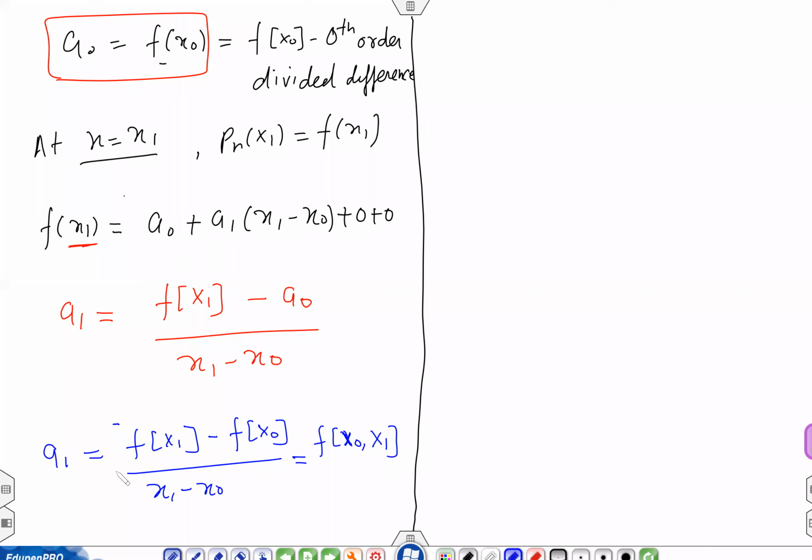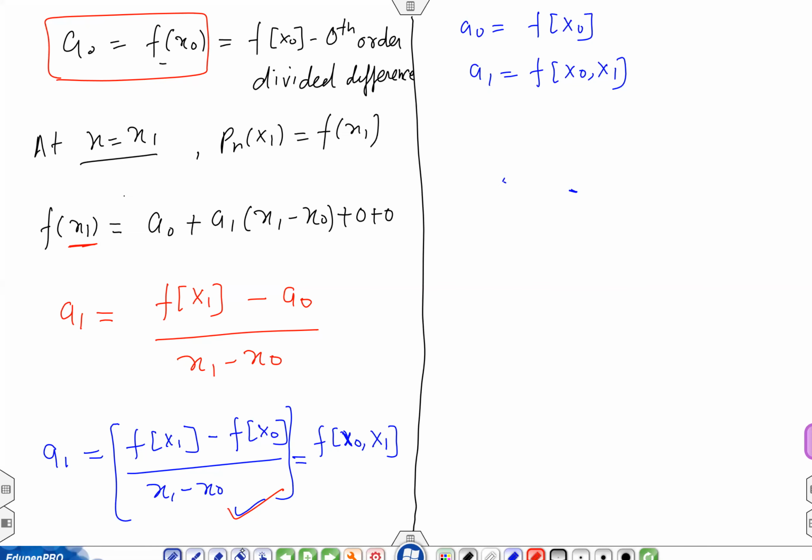So f[x0, x1] is equal to f(x1) minus f(x0) upon x1 minus x0. This is the value of a1. Just remember, a0 is f(x0), and a1 I am writing here as f[x0, x1]. This is the value of f[x0, x1].